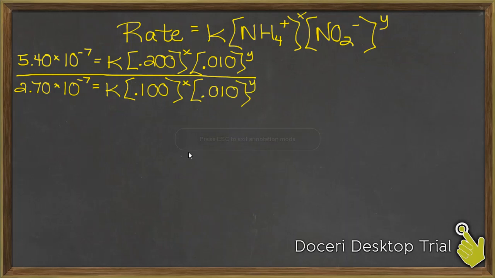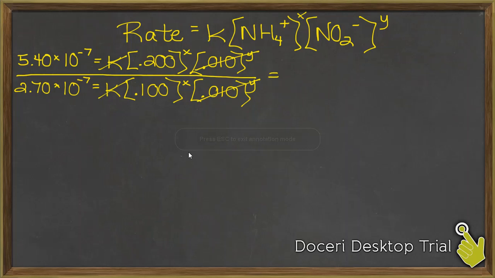And here's the deal, guys. This is essentially a gigantic fraction. Think about a fraction. When you have something that is the same in the numerator and denominator, you can cancel it out. So I can cancel out K, and I can get rid of that entire term as well.